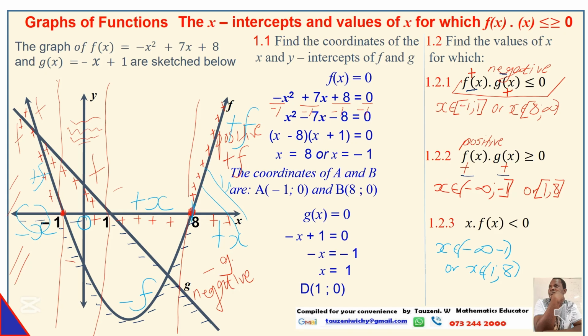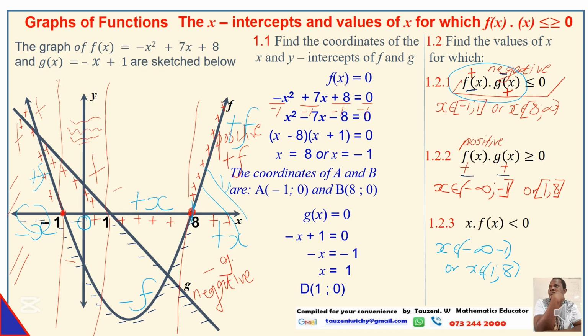So to summarize quickly, we have explained how to find the x-intercepts. We equate the equation to 0 and solve for x. Then I have put these questions: f of x multiplied by g of x is less than or bigger than 0, because the answers to these questions are determined also by the x-intercepts. If f of x multiplied by g of x is less than 0, you must find some way where the signs are not the same.